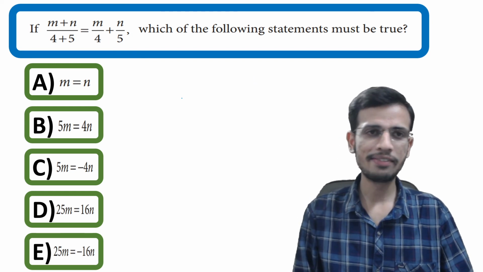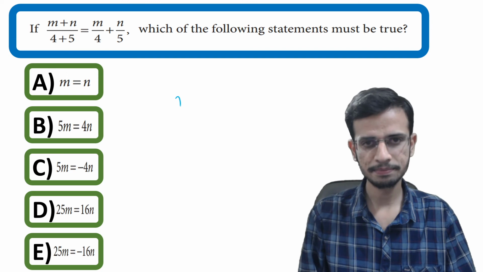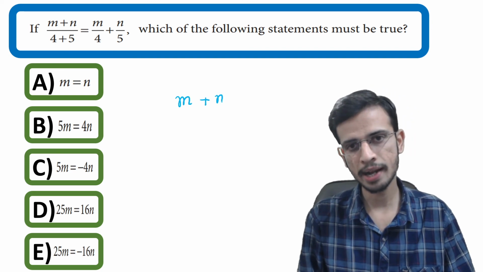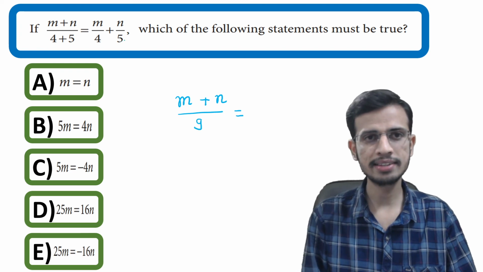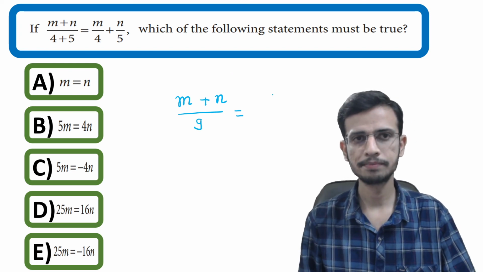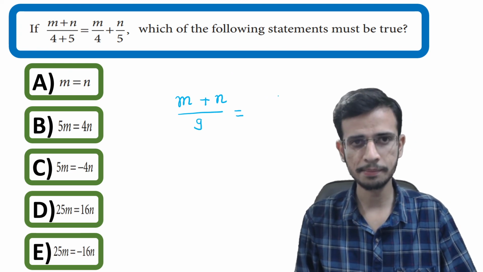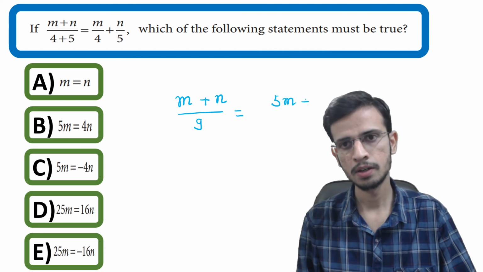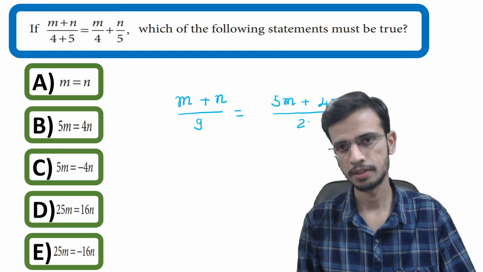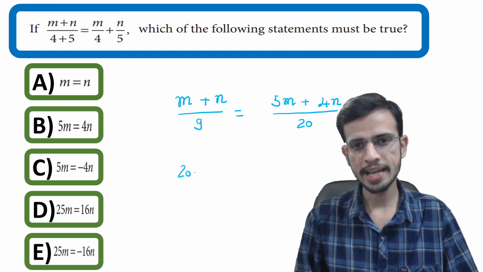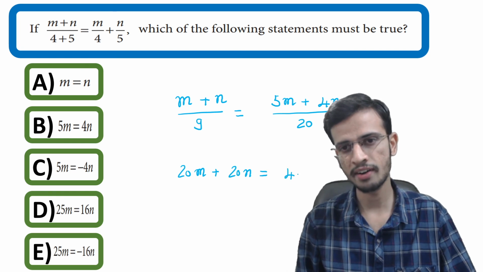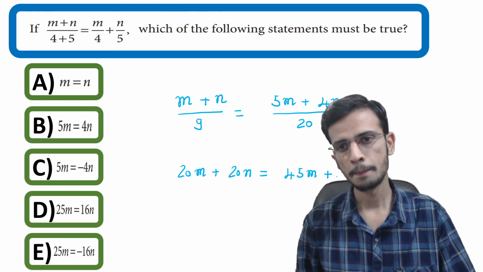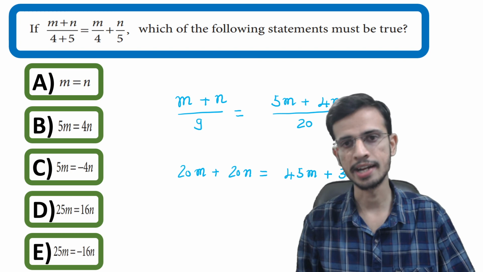Yes, you can just simplify this. M plus n divided by 4 plus 5 is 9. And you can just simplify this. You can take LCM, cross multiplication, and LCM: 5m plus 4n divided by 20. Right? So 20m plus 20n is equal to 45 times m plus 36 times n.